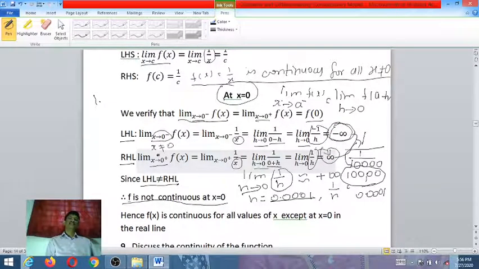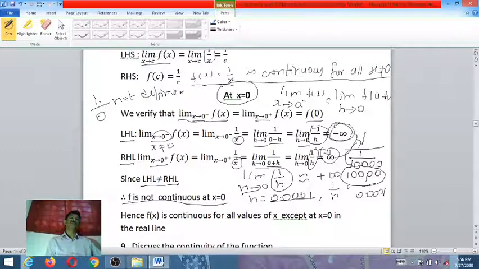Therefore here we see the concept: always remember that 1 by 0 is not defined. But can we define the limit of 1 by h, h tends to 0? Yes, that is infinity, right? 1 by 0 is not infinity.